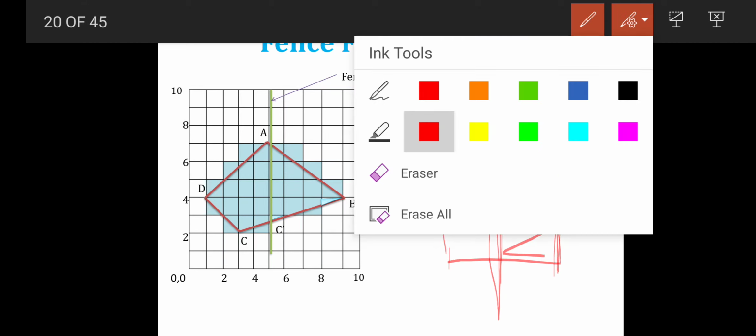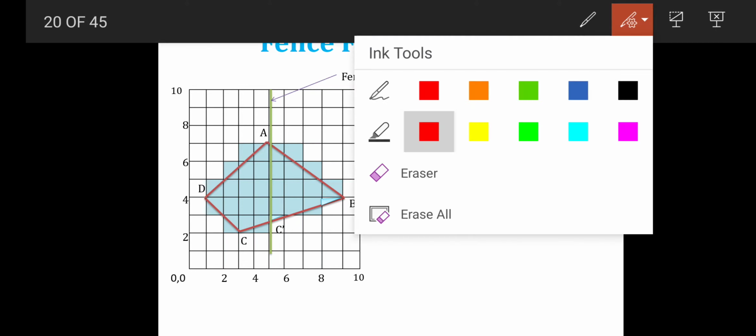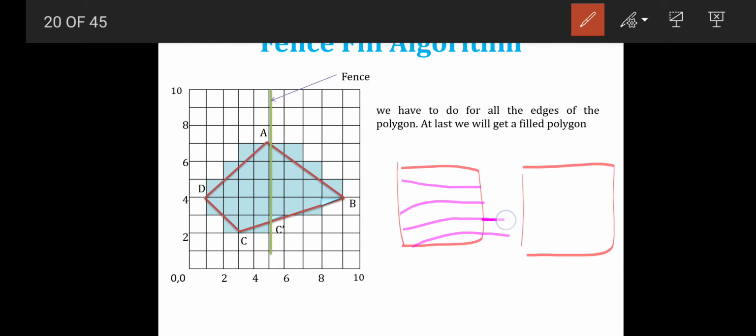Whenever we are considering this with the edge fill algorithm, what are we doing in the edge fill algorithm and what are we doing in the fence fill algorithm? In the edge fill algorithm we are filling this polygon from this starting point to this ending point, right. So in that we are making some complements on the right hand side.